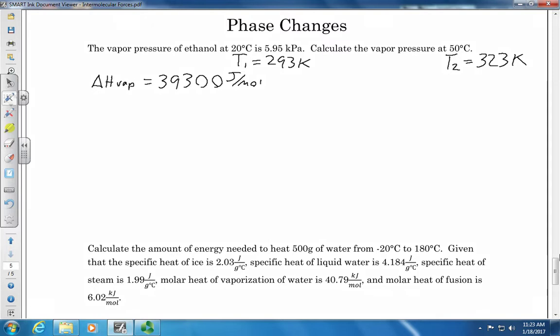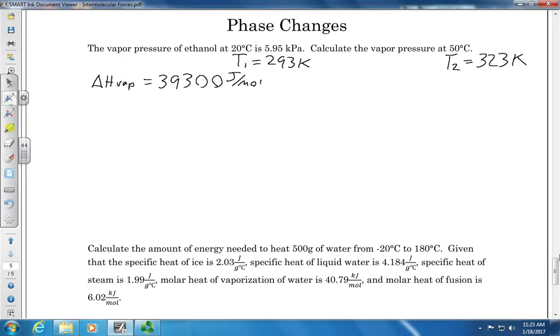Well, the best way of proceeding is using what formulas we have available to us. And there is one that utilizes heat of vaporization, two different temperatures, and two different pressures. And we're wanting to find pressure number 2.